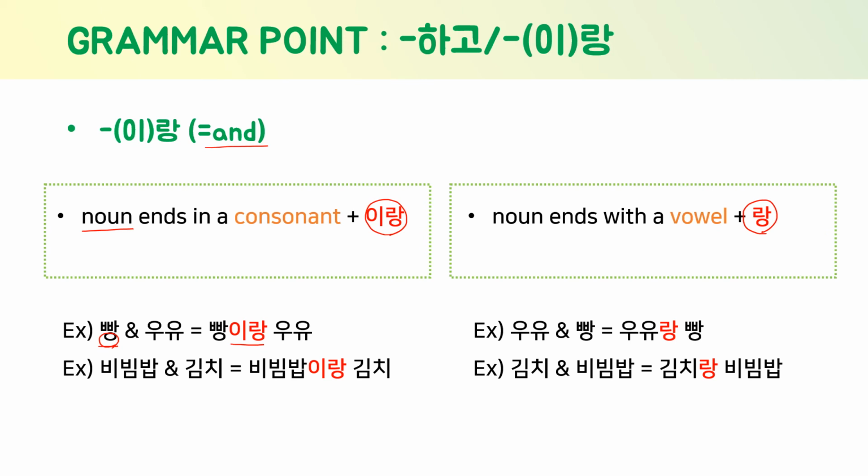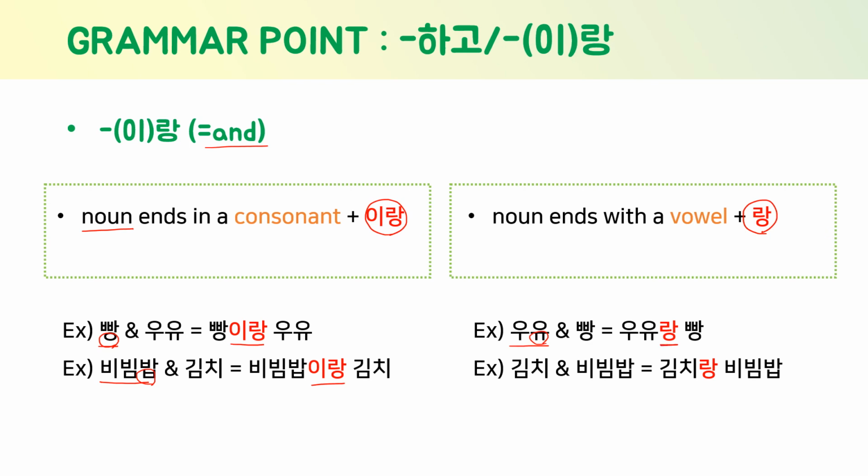But here, 비빔밥 and kimchi. Bibimbap, the noun ends with a consonant, so you add 이랑. So 비빔밥이랑 김치. Okay, but if the noun ends with a vowel, let's say 우유. Now 우유 comes first, milk comes first. 우유 ends with a vowel, so you add 랑 instead of 이랑.